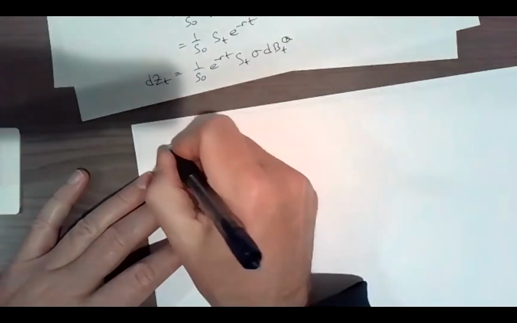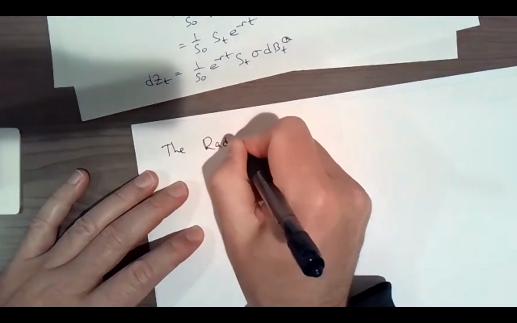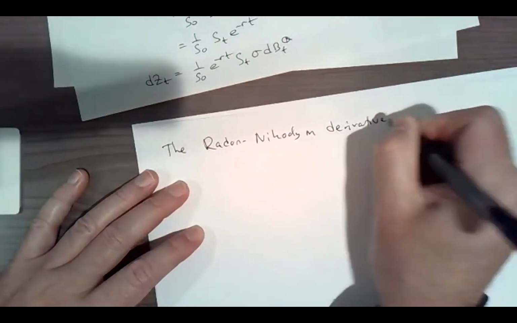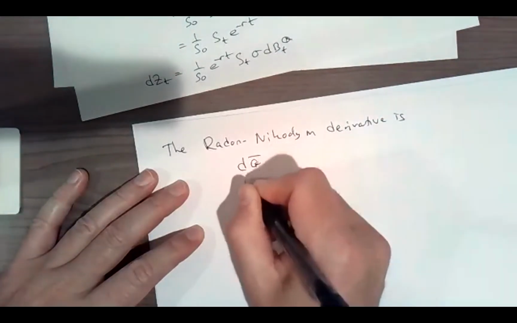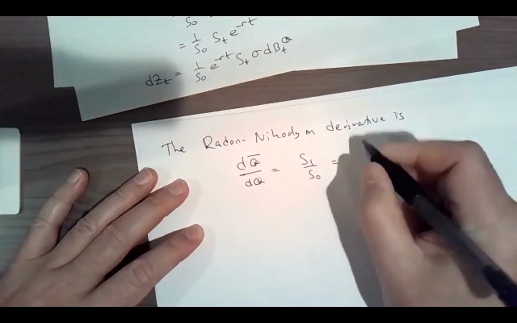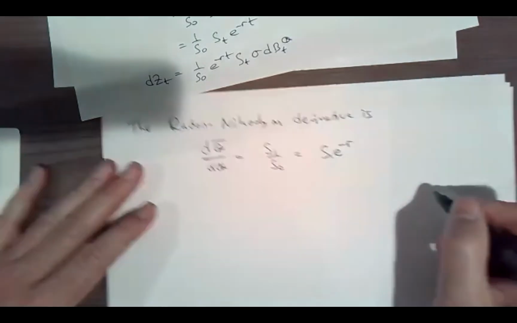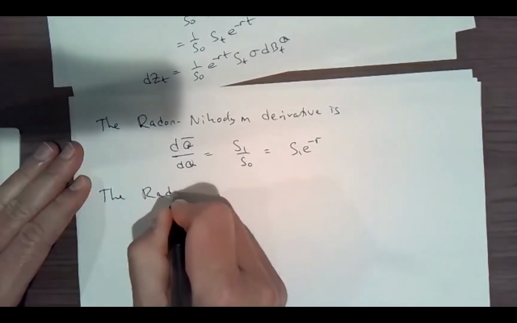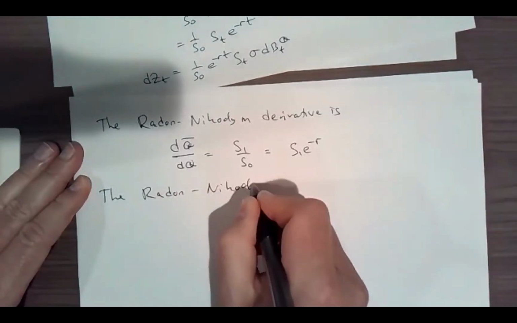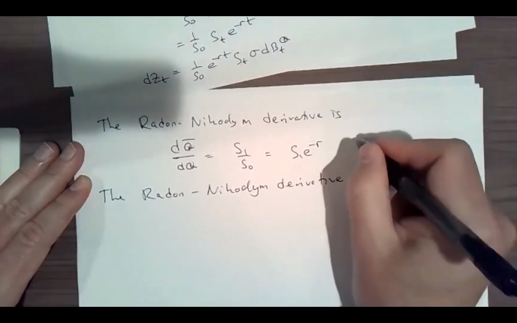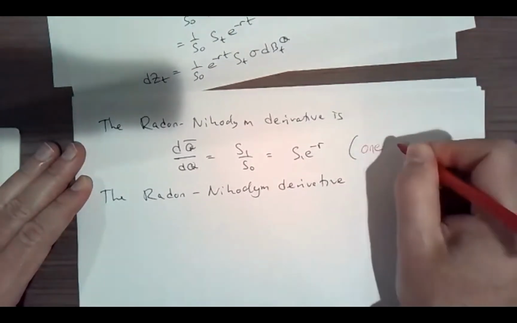So that's important, right? The Radon-Nikodym derivative dQ bar over dQ is S1 over S0, which is equal to S1 e to the minus r. This is one random variable.